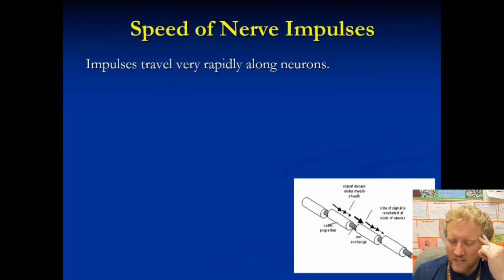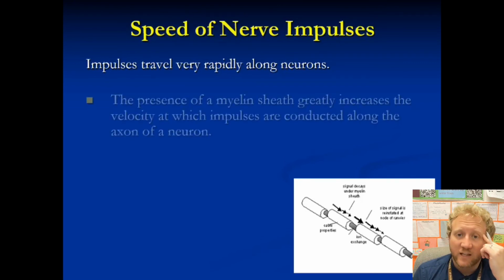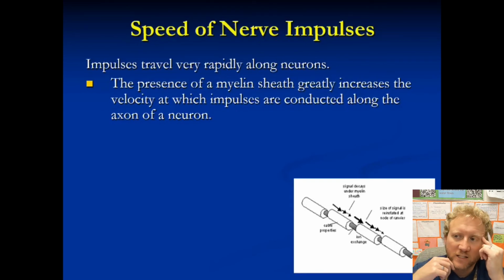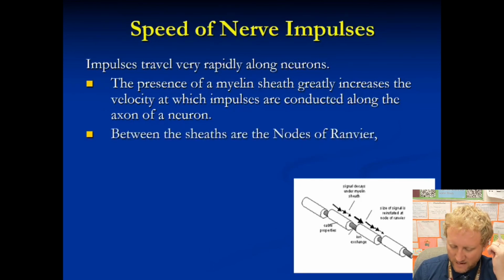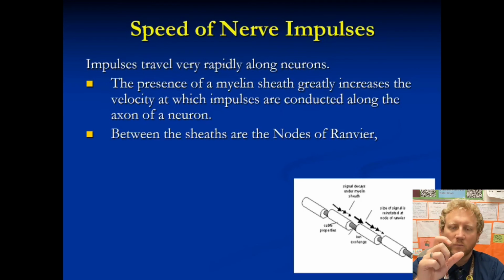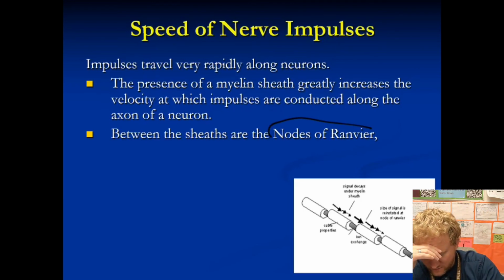One of the ways that these happen faster, like in that sciatic nerve, that long motor neuron, is those myelin sheaths. So here's why those myelin sheaths are important. These myelin sheaths have spaces where the axon is exposed. These are known as the nodes of Ranvier.